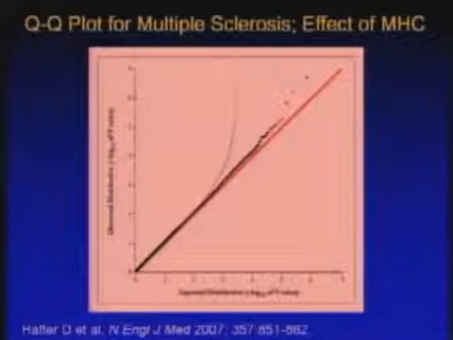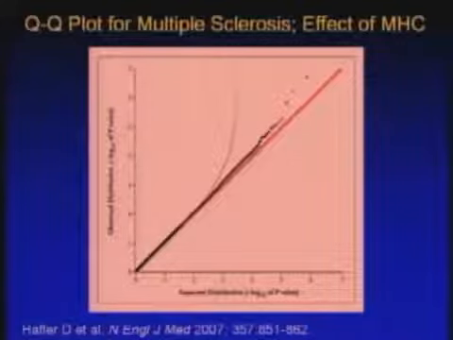So you have lots and lots of SNPs. It's actually not all that many, but it looks like a lot, taking off for very high chi-square values. If you then take out the major histocompatibility complex SNPs and just plot what's left, you end up with this here, and you still have some strong departures from the expected distribution.